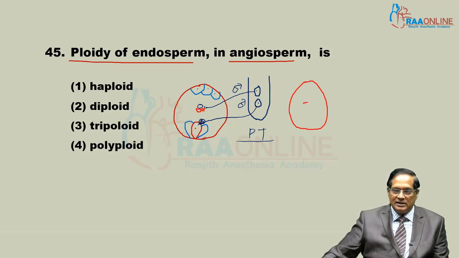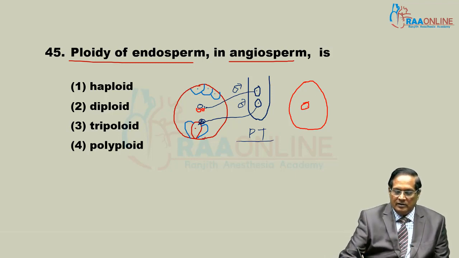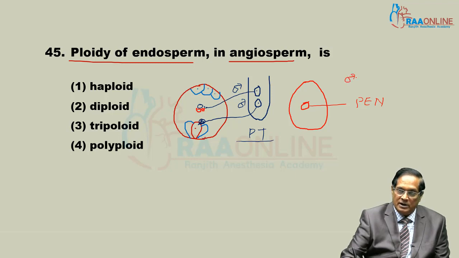As a result of fusion of the male gamete with the two polar nuclei, a nucleus is formed known as PEN, the primary endosperm nucleus. The male gamete is haploid, the polar nucleus is haploid, and the second polar nucleus is also haploid, so n plus n plus n, that is, a triploid PEN is formed.